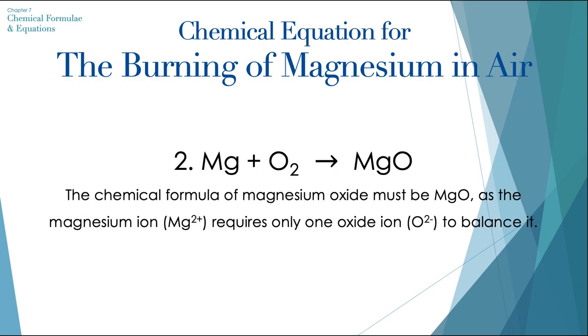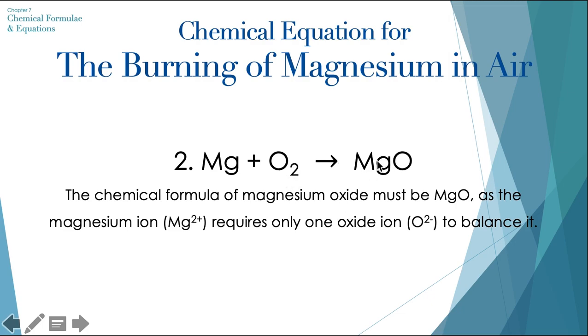The next step is to write down the correct chemical formula for every reactant on the left-hand side of the equation and every product on the right-hand side. Before, we had written them in words. Now, what is the magnesium symbol? Yes, Mg, of course. Oxygen, O2. Yes, we use the molecular form of oxygen here.